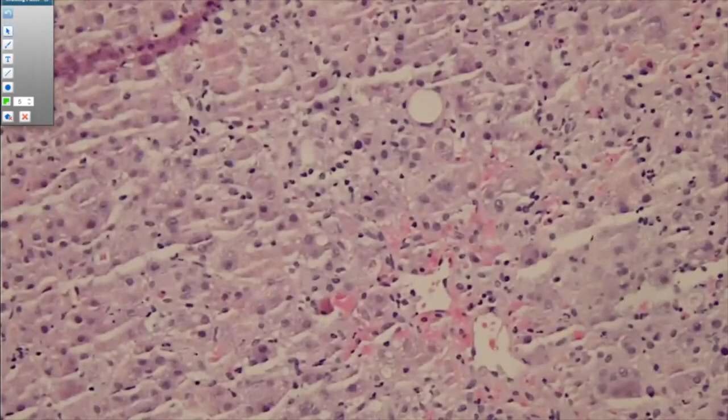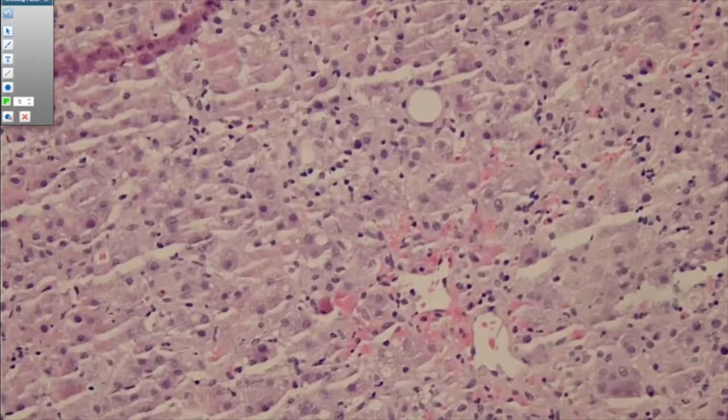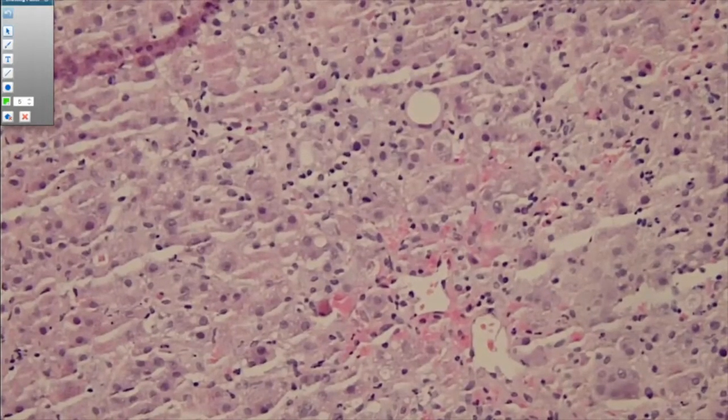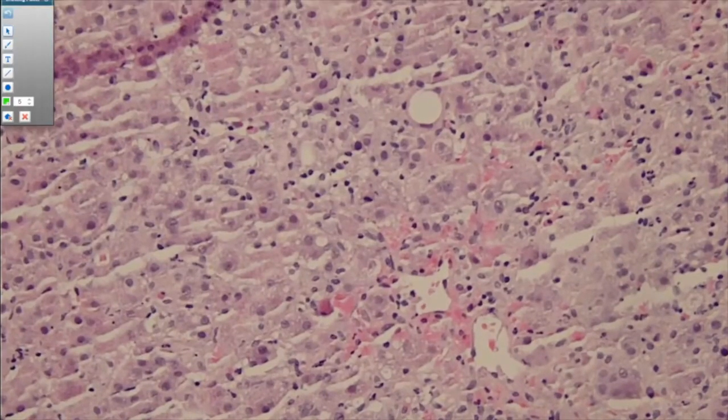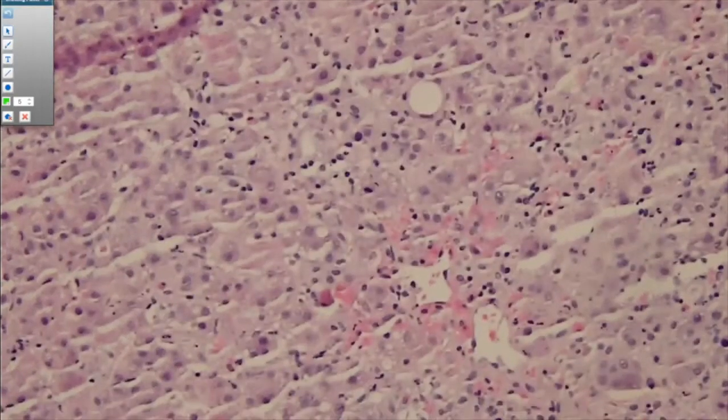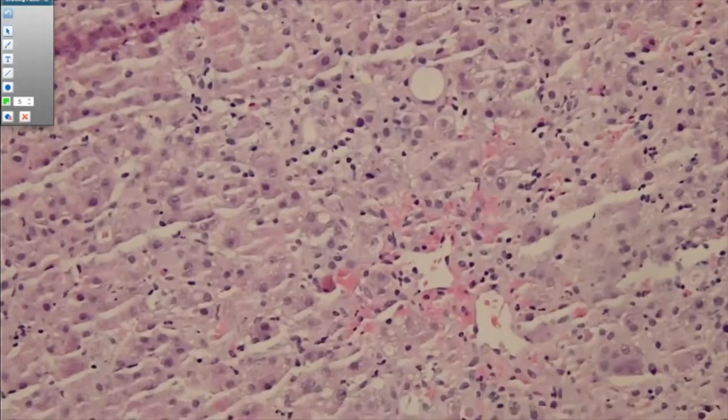For example, hepatitis A, B, C hardly ever cause acute liver failure, but herpes could cause acute liver failure. And actually, this patient, hepatitis A is positive. So possible hepatitis A related acute liver failure.